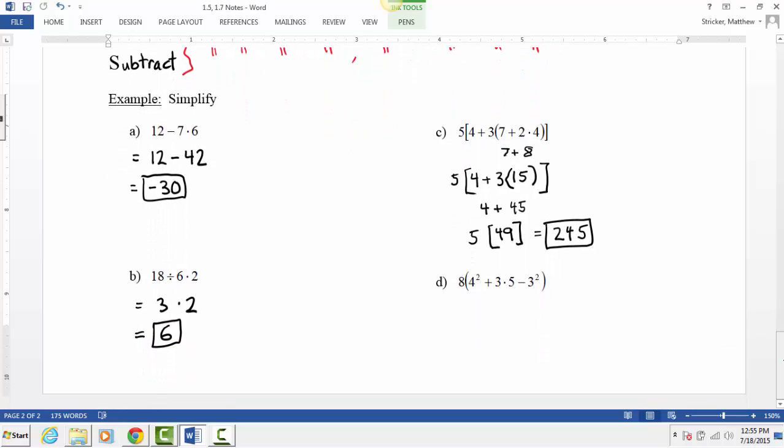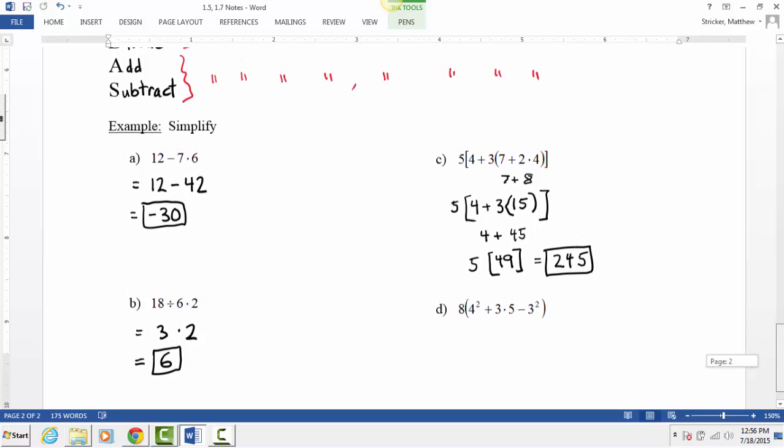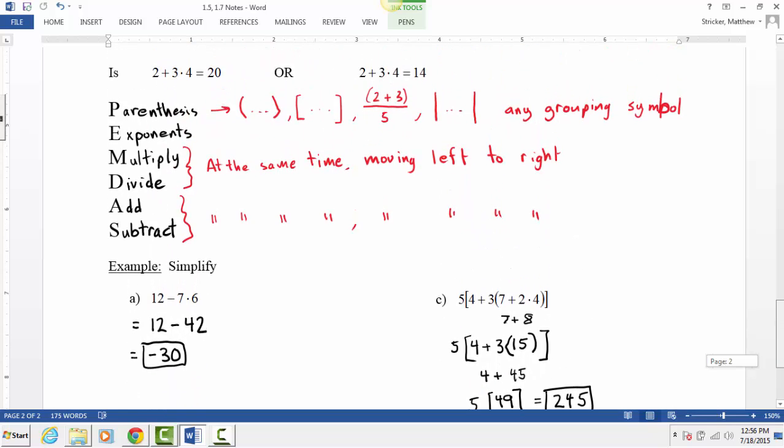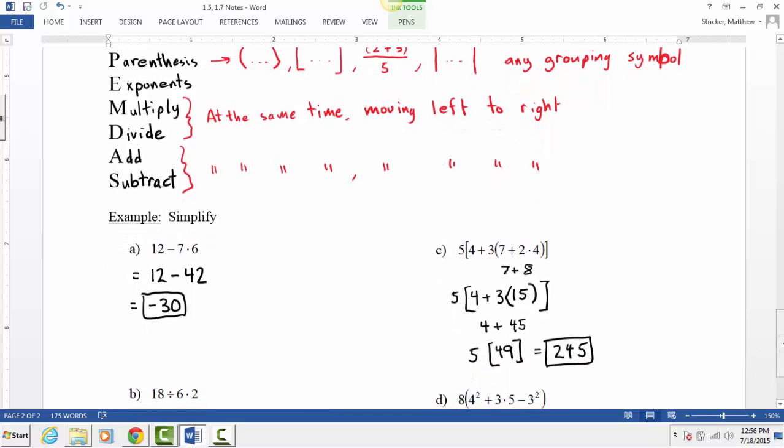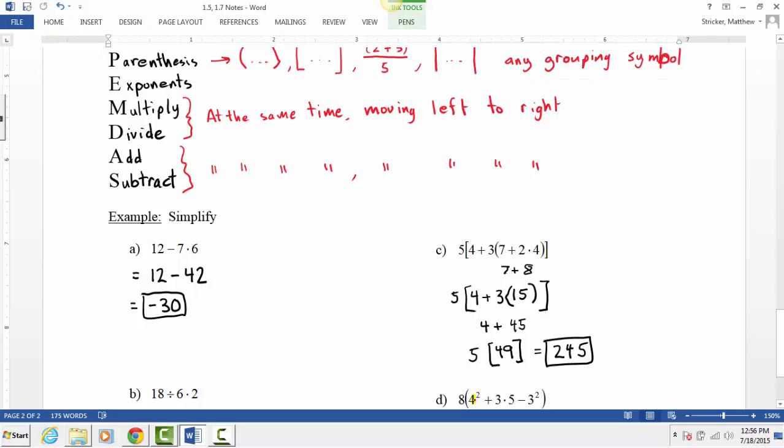The very last example we have here is one that now introduces exponents. And it says we have parentheses and exponents. Now, according to PEMDAS, I need to take a look at the parentheses first. So everything that's inside here, I need to simplify that first.